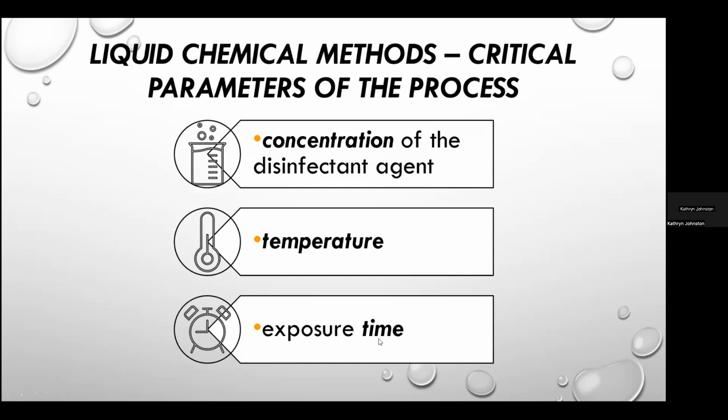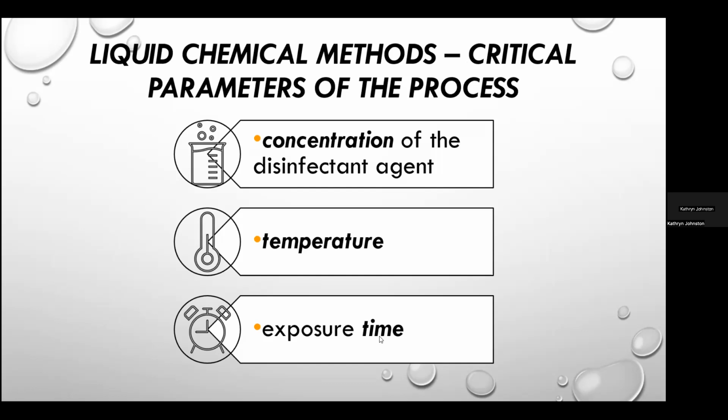Independent of the product used, you have to monitor the critical parameters of the process. You have to make sure that the concentration of the disinfecting agent is correct, that the temperature is correct, and that the exposure or contact time is correct. That means the temperature needs to be measured and the exposure time needs to be put on a timer.